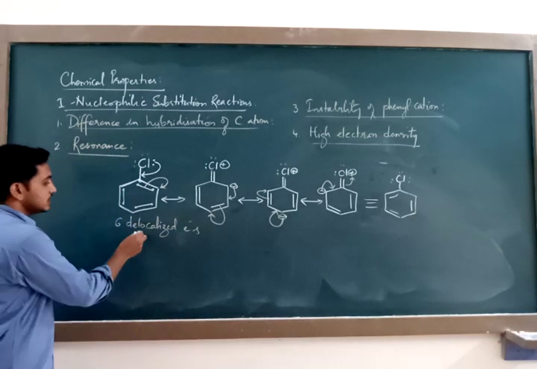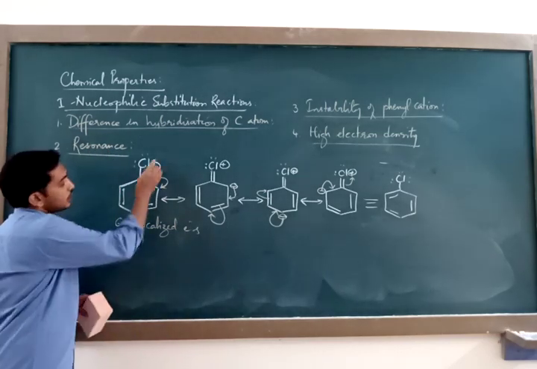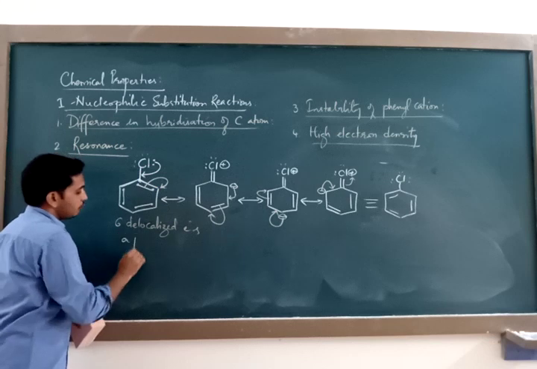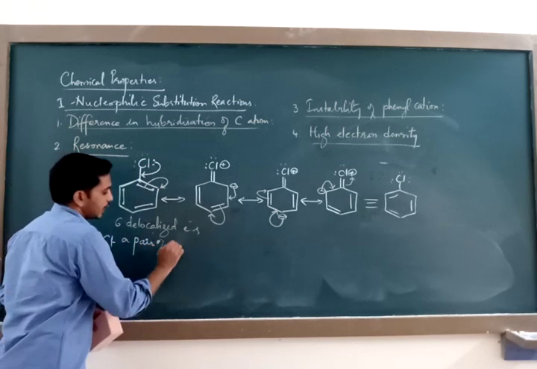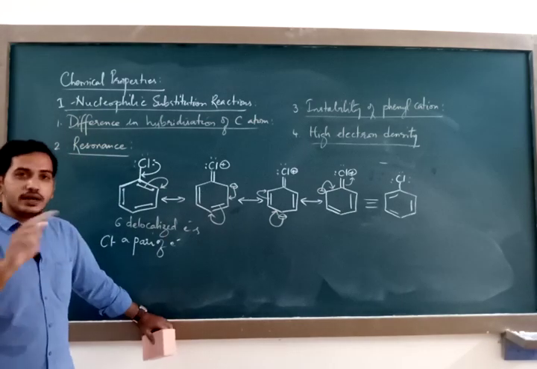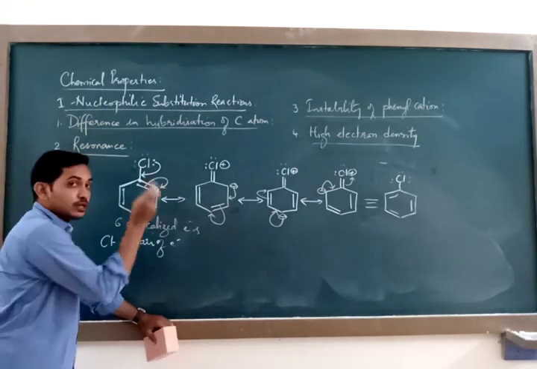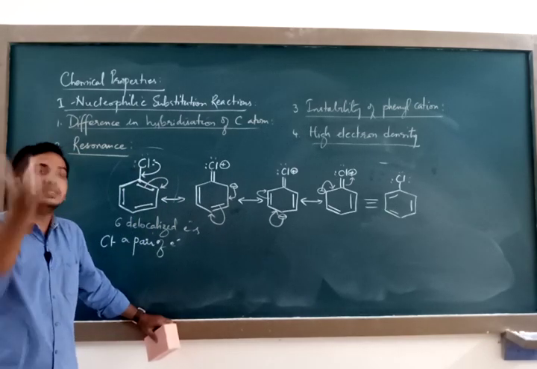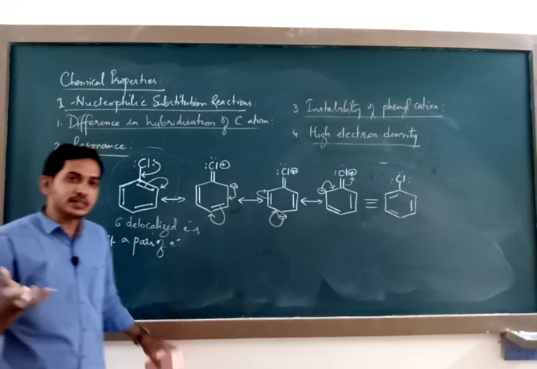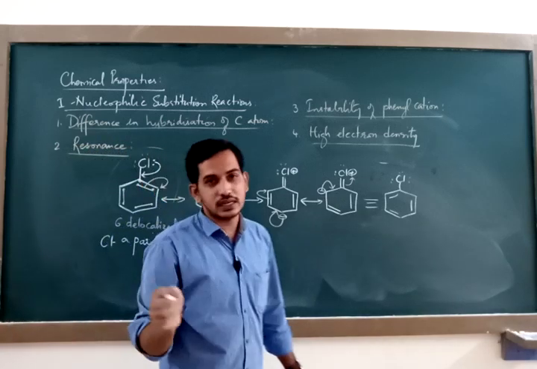Now along with these 6 electrons, chlorine is also donating a pair of electrons. So the electron density on the benzene ring, the overall haloarene, increases. Electron density increases means negative charge increases.